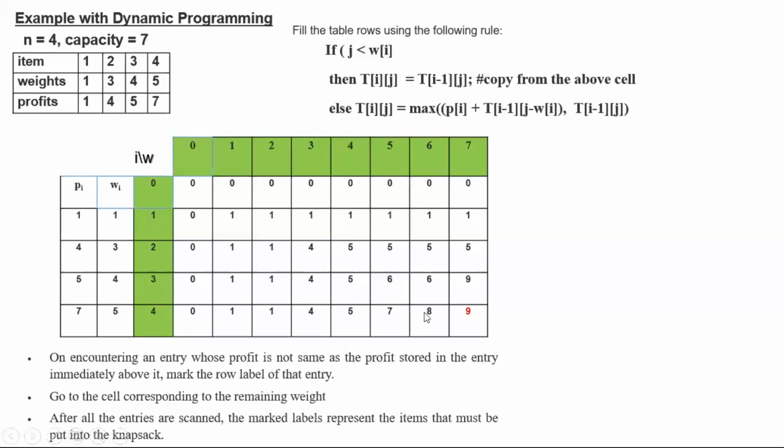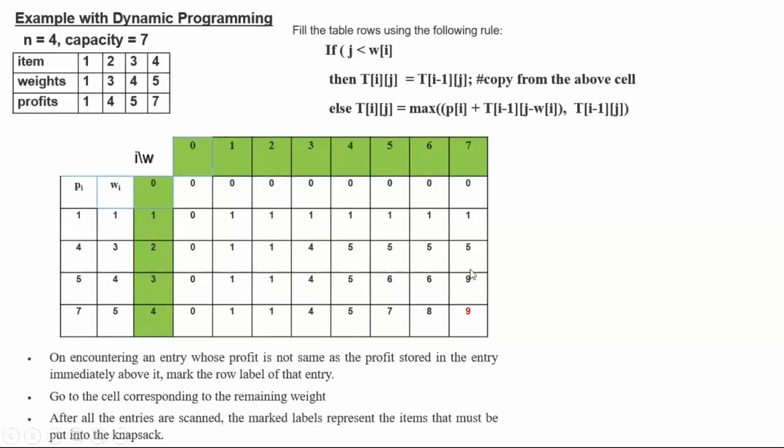To fill this one, the profit in this cell is 6. But if we pick item 4 with weight 5, the profit is 7, plus the remaining profit, 6 minus 5, 1. We go here to weight 1, the profit is 1. So 7 plus 1 is 8.